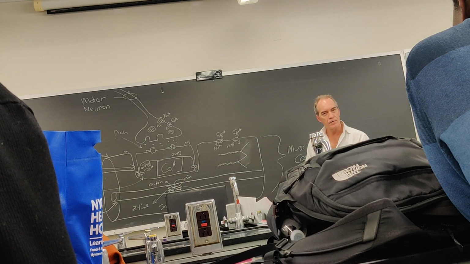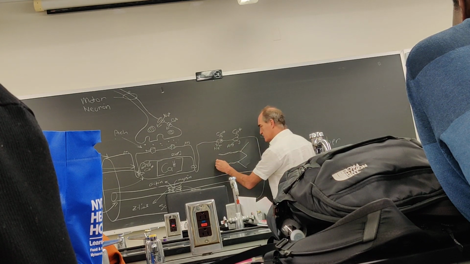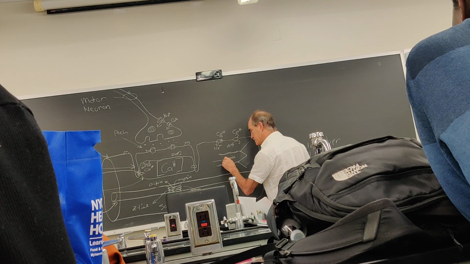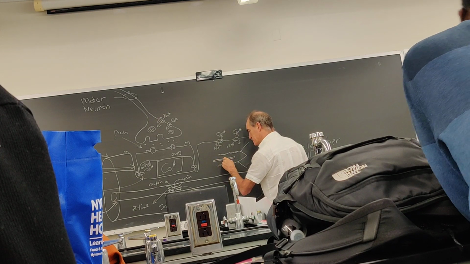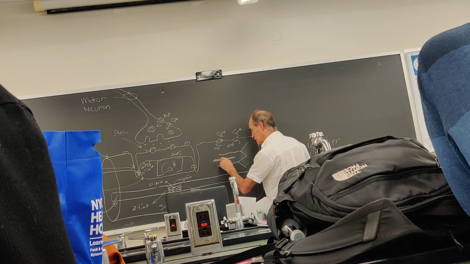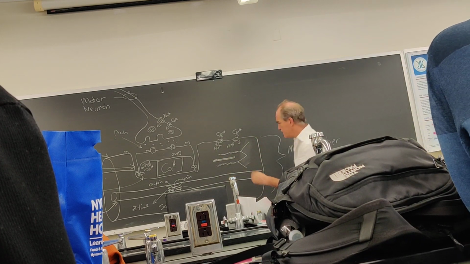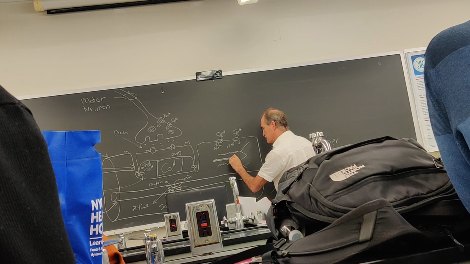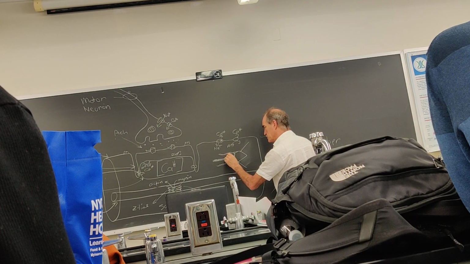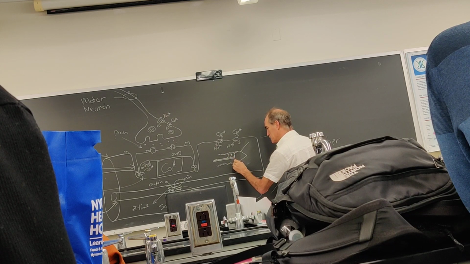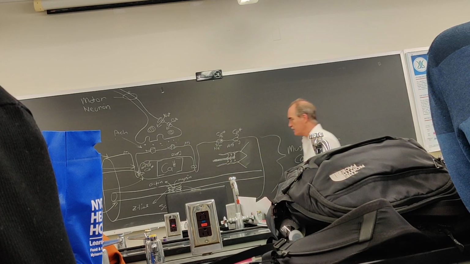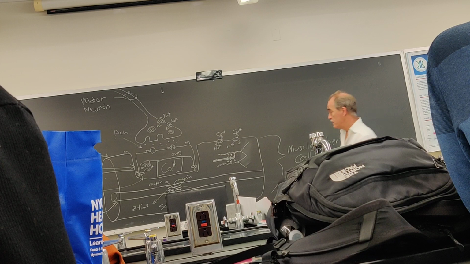This is more realistic to what actin looks like, and the myosin looks like this. It is thicker, and it's got these heads that come off like this. That's what they really look like.